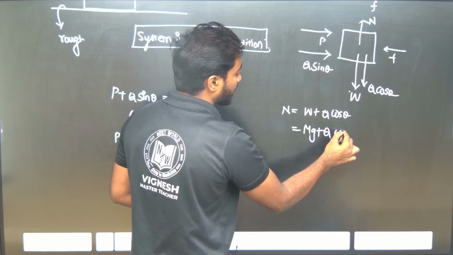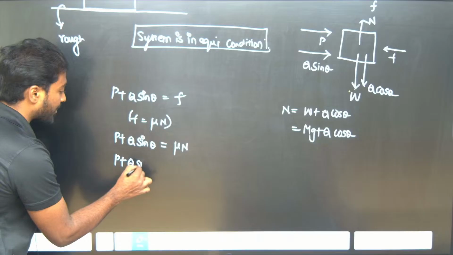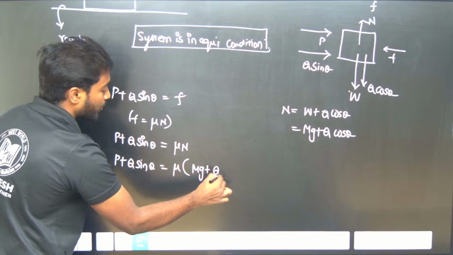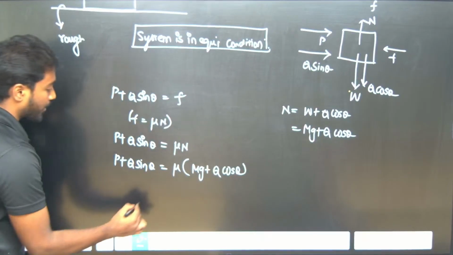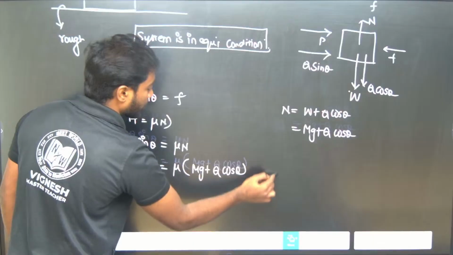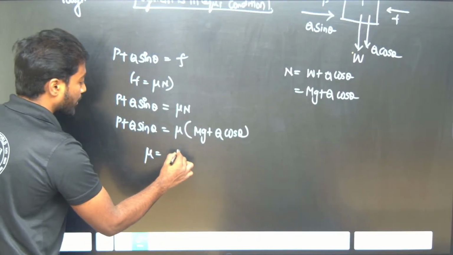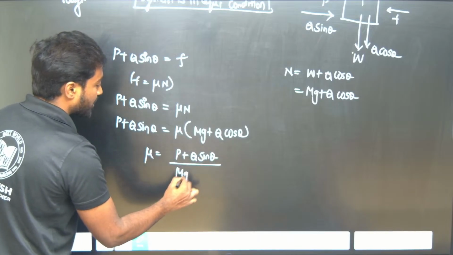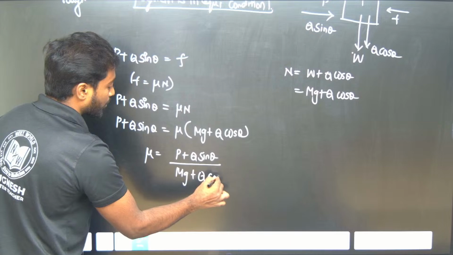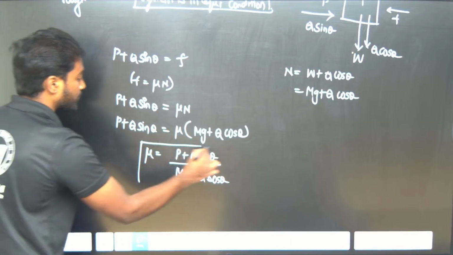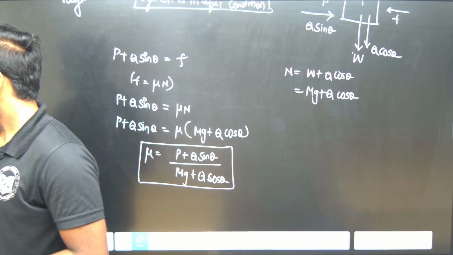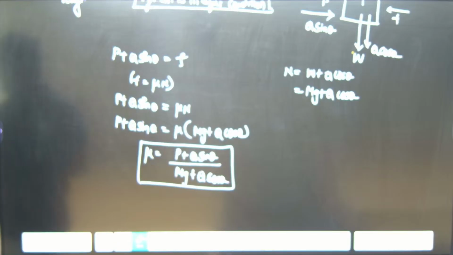So P plus Q sin theta will be equal to mu into mg plus Q cos theta, where mu will be equal to P plus Q sin theta by mg plus Q cos theta. This is the answer. Got it? That's the answer for the mu.